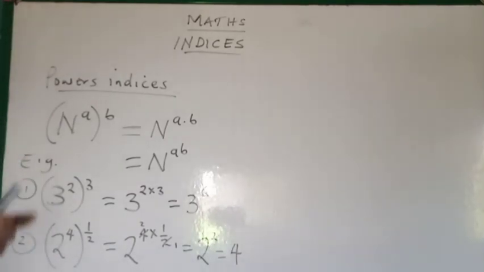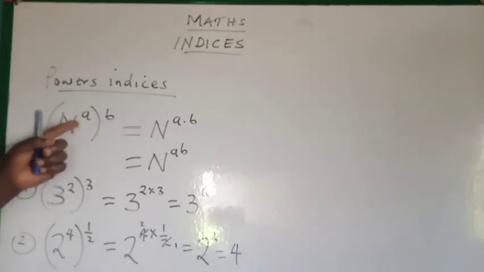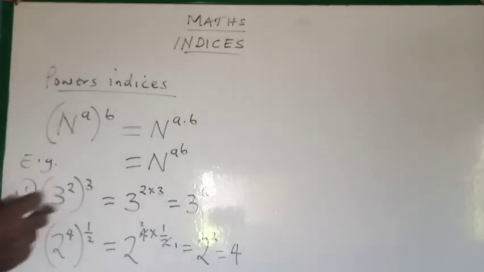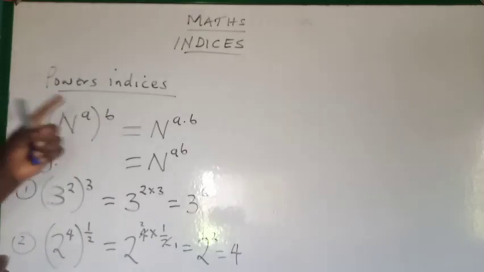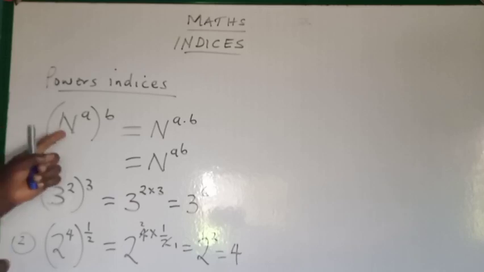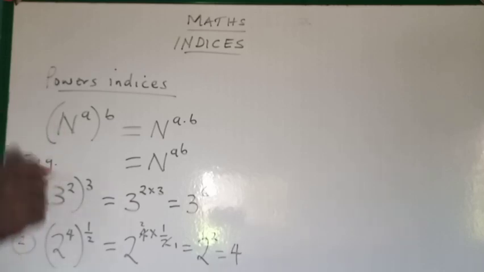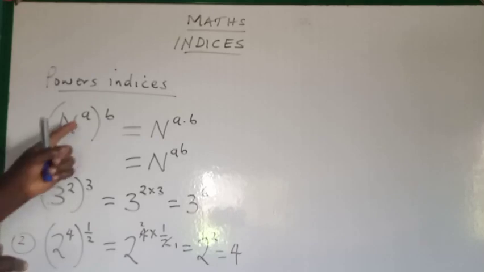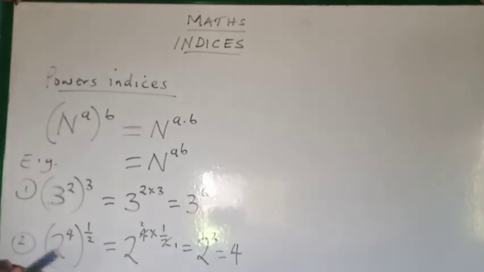So what you have to have in mind is that when a number is raised to a power and the whole of it is raised to another power, the answer will be the number raised to the product of the two powers.